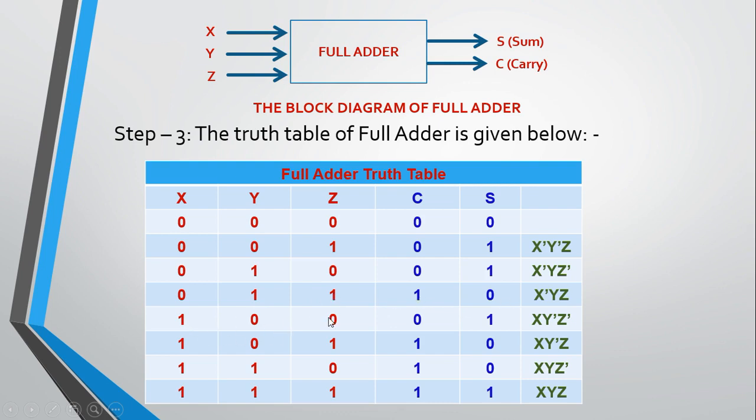Similarly 1 time 1 is there in this combination, so 0 1 combination. Over here 1 0 1, 2 times 1 is there, so 1 0, 2 times 1, 1 0. For the last combination you need to write 1 in each case, that means 1 as a sum and 1 as a carry.